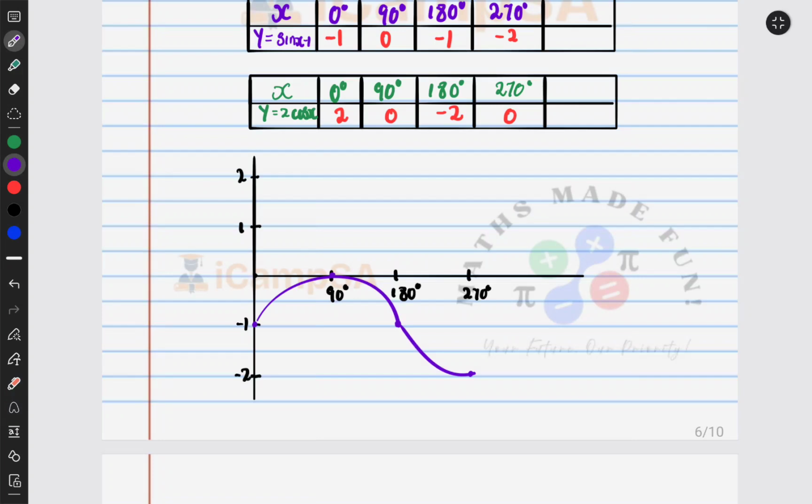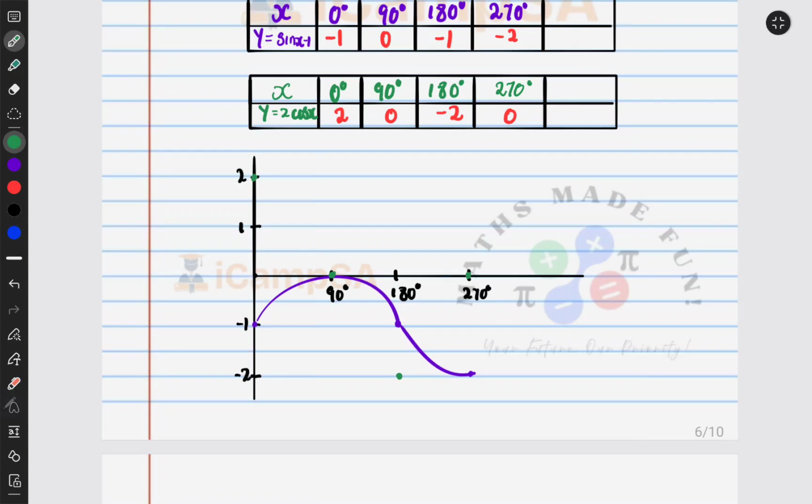Then let's draw the cosine function. Where x is 0, y is 2. Where x is 90, y is 0. Where x is 180, y is -2, and where x is 270, y is 0.